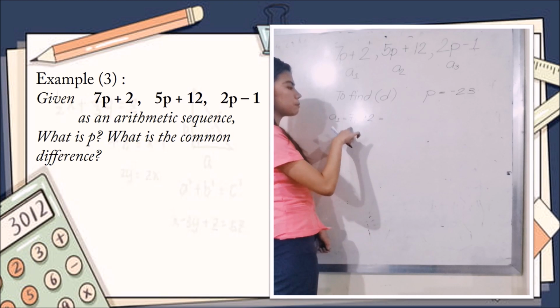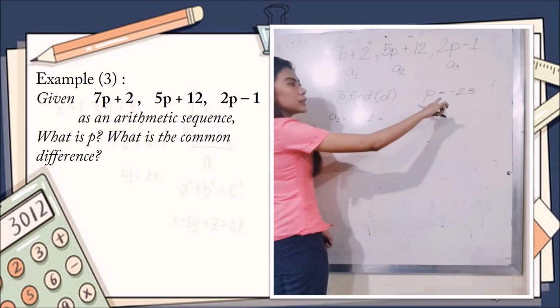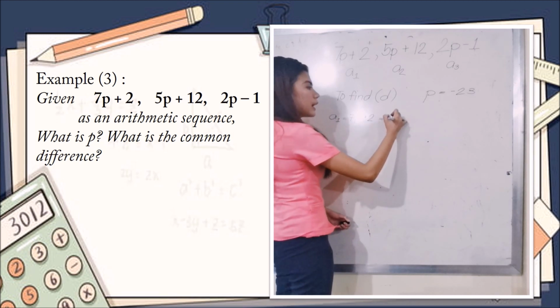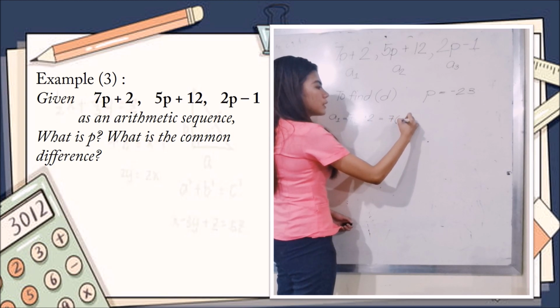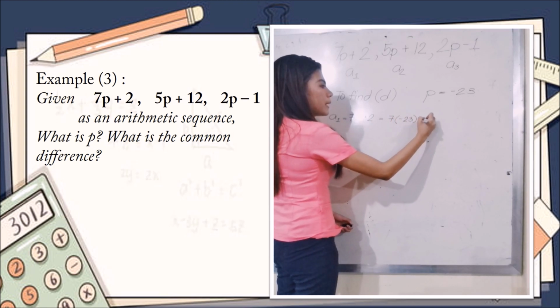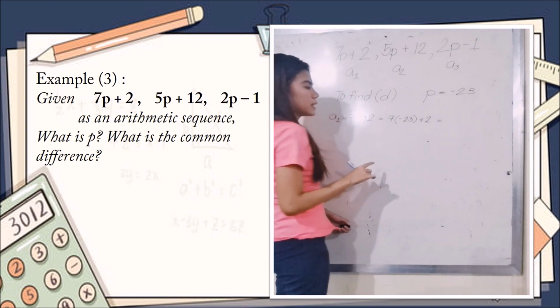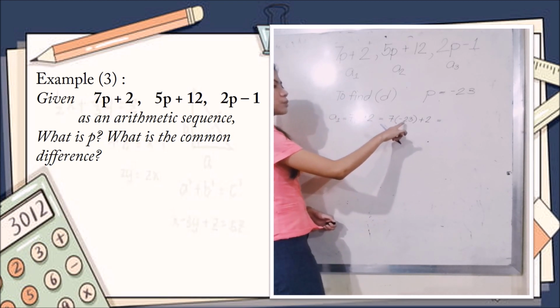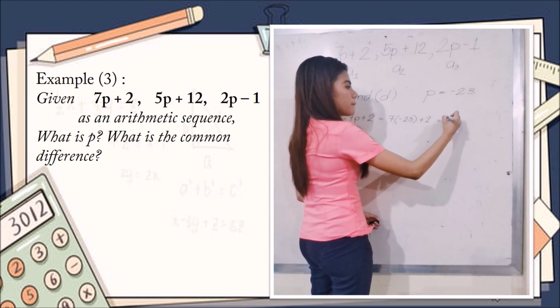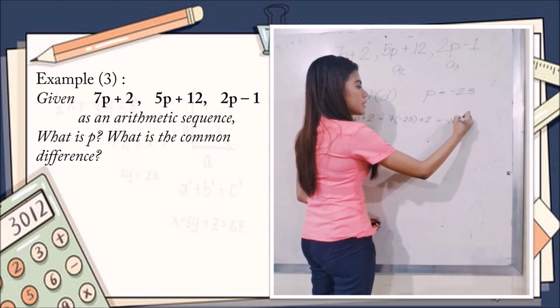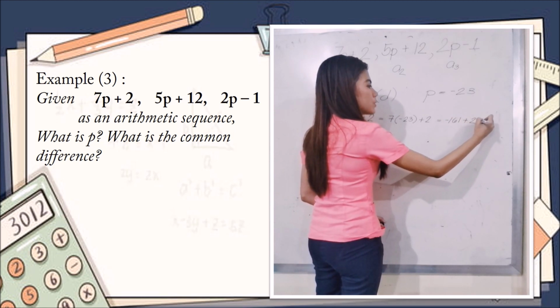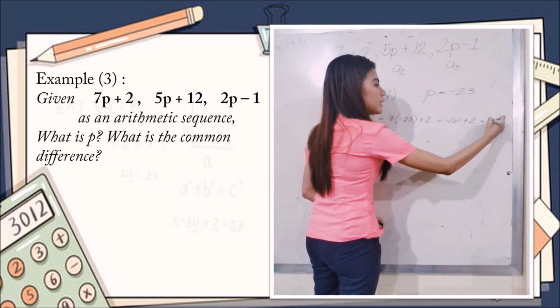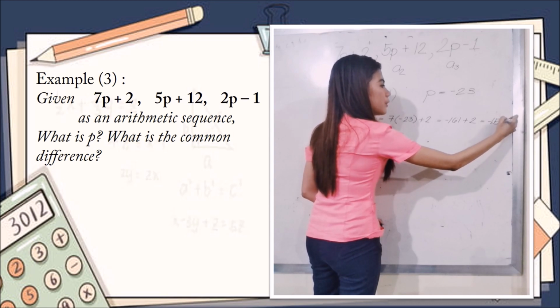So, si 7p, papalitan natin si p ng value na nakuha natin kanina. So, 7 times negative 23 plus 2. So, this is 7 times negative 23, that is negative 161 plus 2. So, the answer is negative 159.